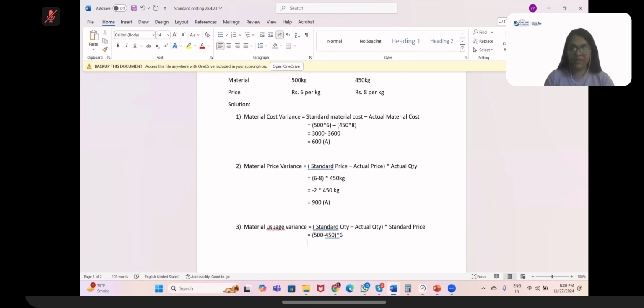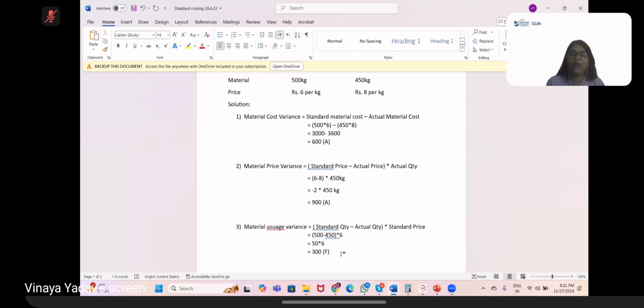So the answer comes out to 50 into 6 which is nothing but 300. अब ये पॉजिटिव में आया है तो आप क्या लिखोगे ब्रैकेट में? F की A. Very good, it is F. Super. So I think everybody understood how to solve it. Easy. So this is how students we solve our material variances sum.